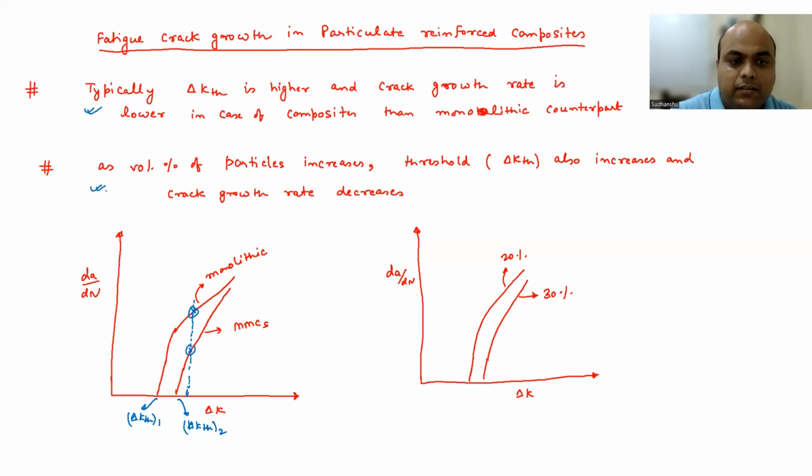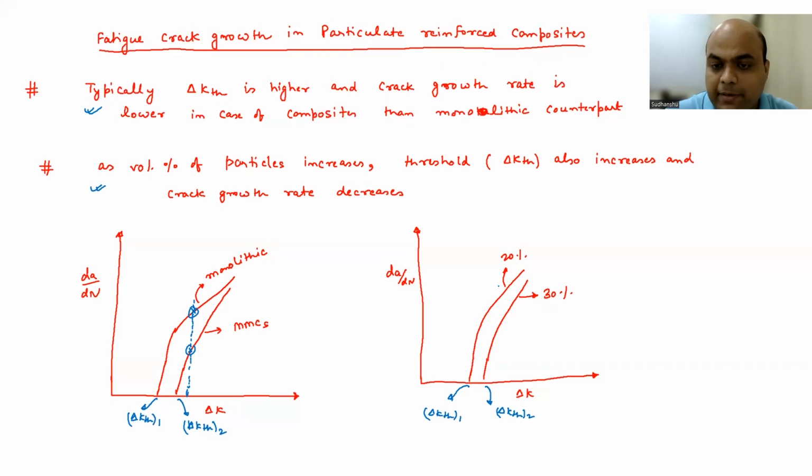Now, second one, if you increase the volume percentage, threshold increases, right? So here say this is delta KTH2 corresponding to 30%, and this value is delta KTH1 corresponding to 20%. So there is an increase if you increase from 20 to 30.